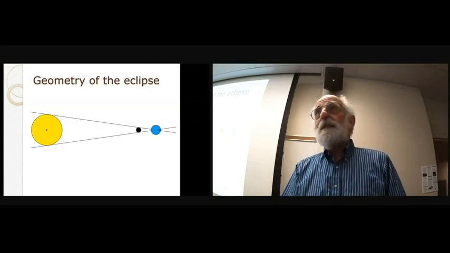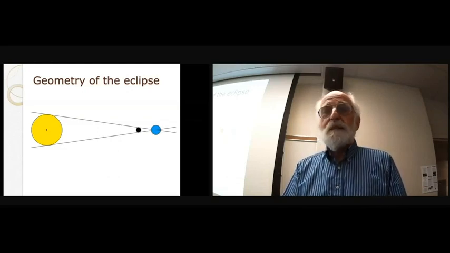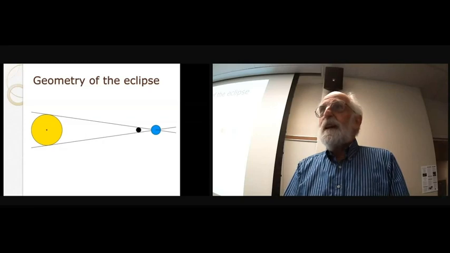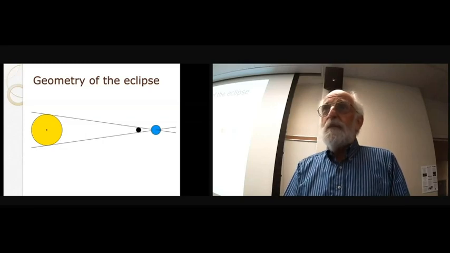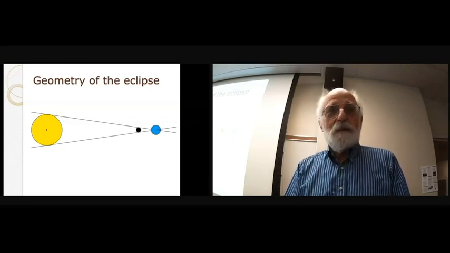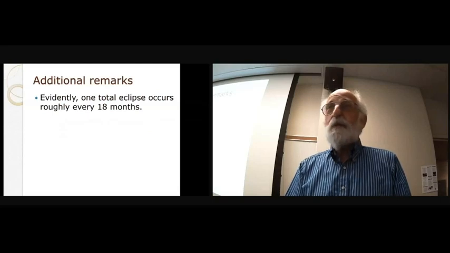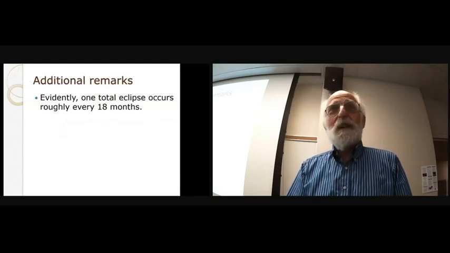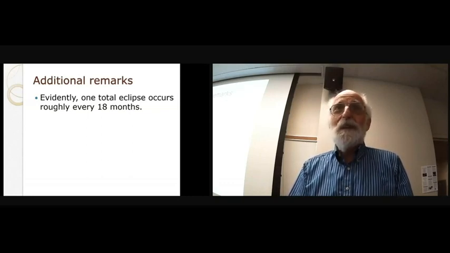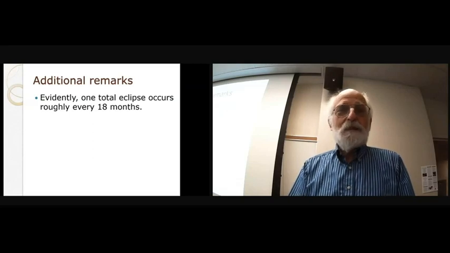So it turns out there is a total eclipse somewhere on Earth roughly every 18 months, which you may find kind of surprising because they seem so rare. But there's a total eclipse somewhere roughly every 18 months.